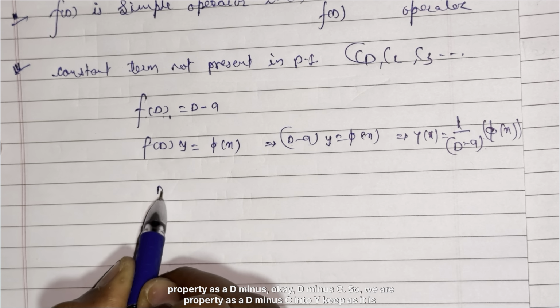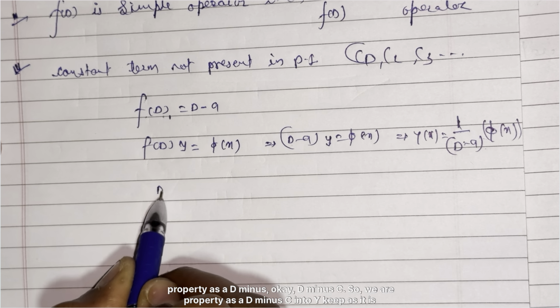Now see that (D minus a) y equals phi of x. I'm going to write y under a bracket here, so I want to elaborate it as the differential term: Dy minus ay equals phi of x. So what I have done is taken y inside that bracket. As we know, capital D can be written as d by dx.